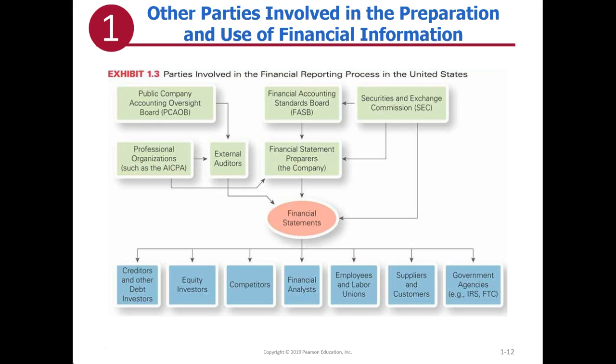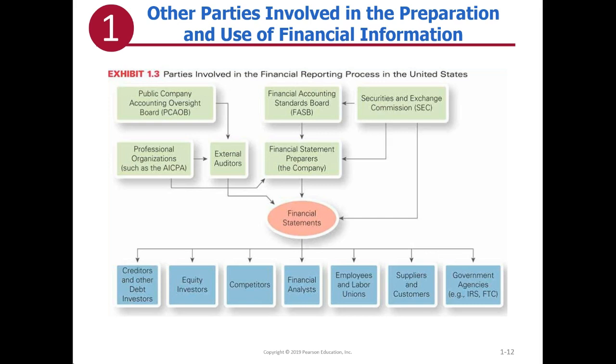The Financial Accounting Standards Board sets the rules so that we all use a certain GAAP and it is consistent. The Securities and Exchange Commission is a watchdog, kind of like the police, and they make sure that things are functioning well. Companies are preparing the financial statements in accordance with GAAP, so that there are no financial misstatements.